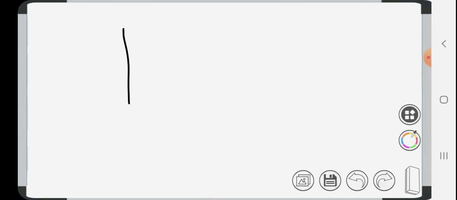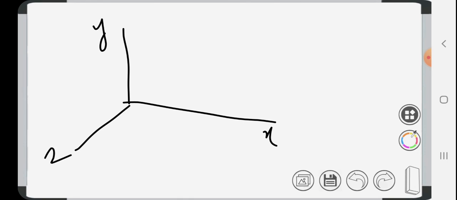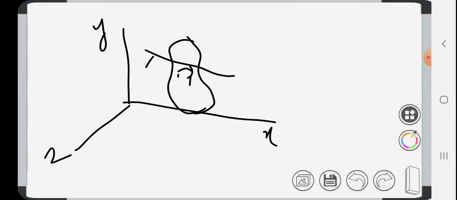Students, so this is our y, z plane. We have a component like this. I am taking a point P and cutting it in this plane.